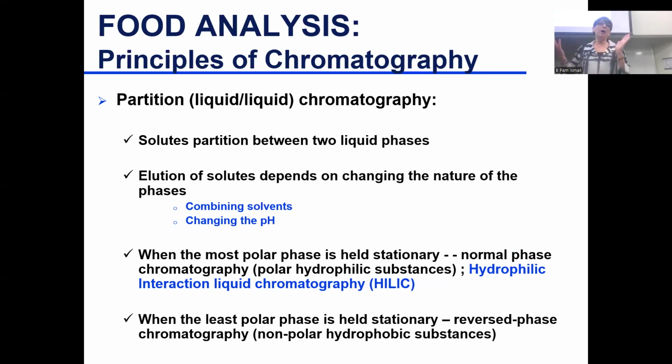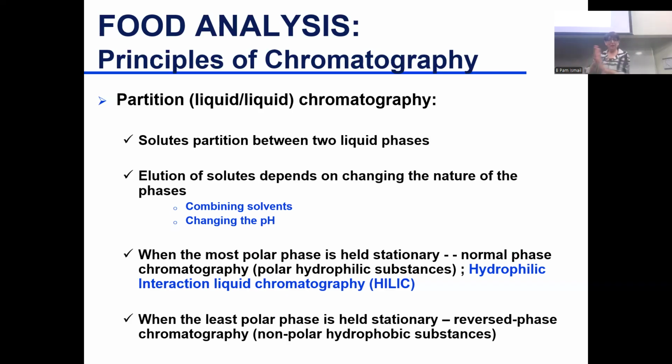And I'll tell you why this is advantageous later. In both the normal phase and the hydrophilic interaction chromatography, your stationary phase is polar and liquid, but there are slight differences that I'll talk about in a later slide.